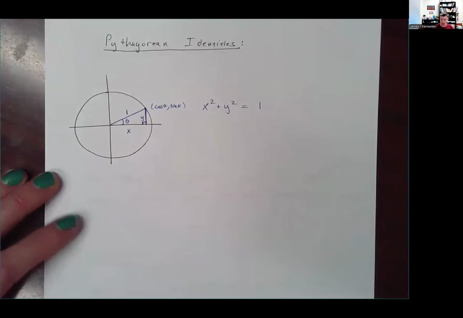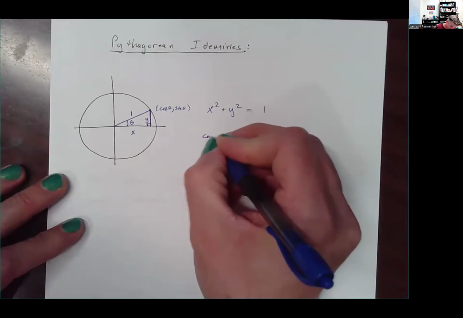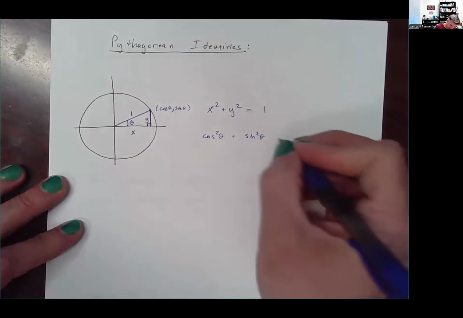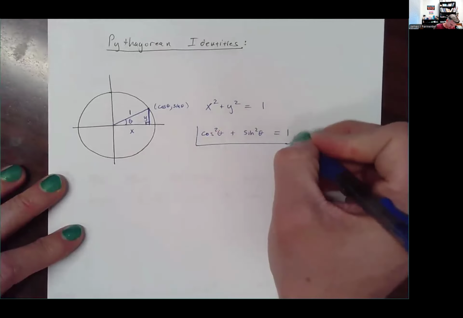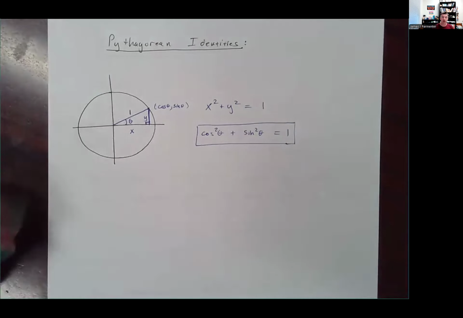So really, it would be appropriate and correct to write that x squared, or cosine squared, plus y squared, or sine squared, is equal to 1. And this is what I have to refer to as the most famous trig identity. Cosine squared theta plus sine squared theta equals 1, or sine squared theta plus cosine squared theta equals 1.